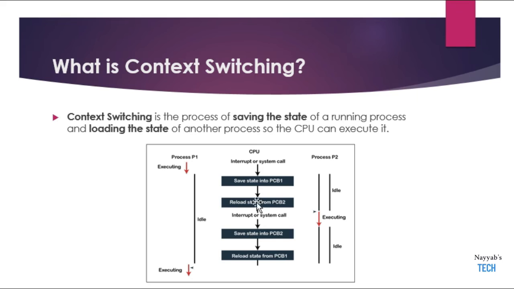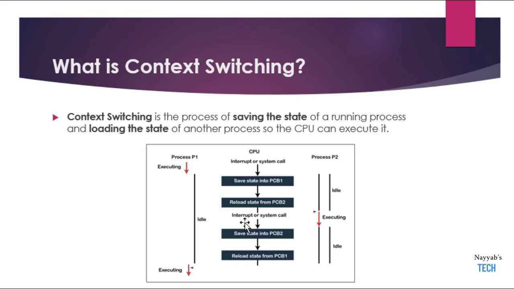Here you are seeing the process 1 state being saved into PCB1, and then it reloads the state from PCB2, which means it saves the state of process 1 and reloads the state of process 2. Then again an interruption or system call happens, so it will save the state of process 2 and reload the state of process 1.